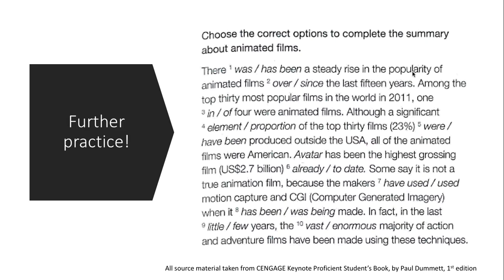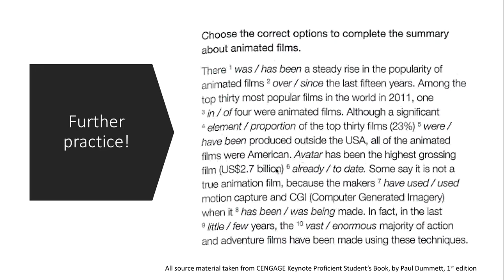There has been a steady rise in the popularity of animated films over the last 15 years. Among the top 30 most popular films in the world in 2011, 1 in 4 were animated films. Although a significant proportion of the top 30 films were produced outside the USA, all of the animated films were American.